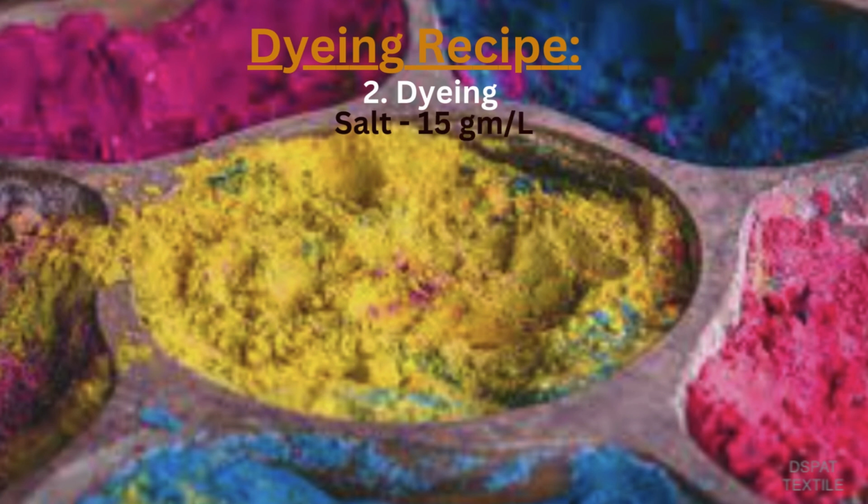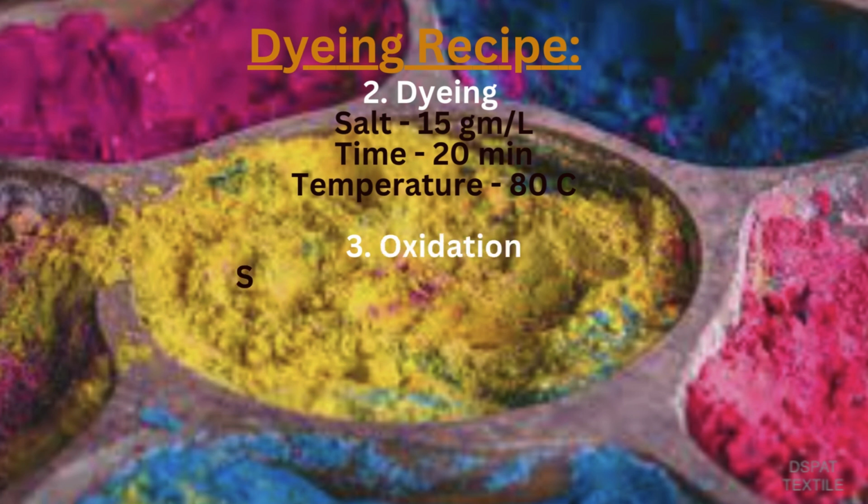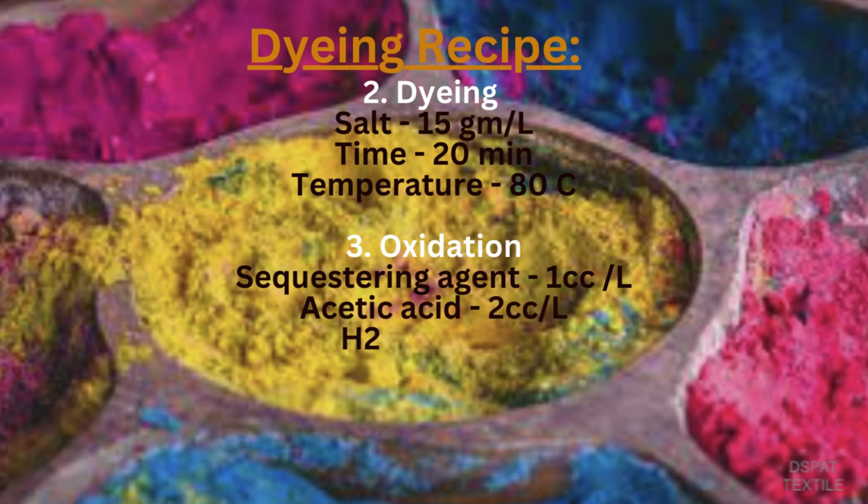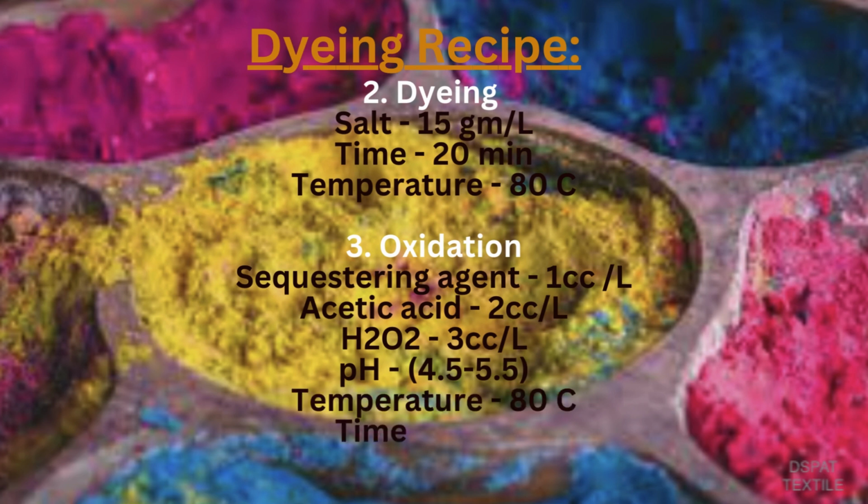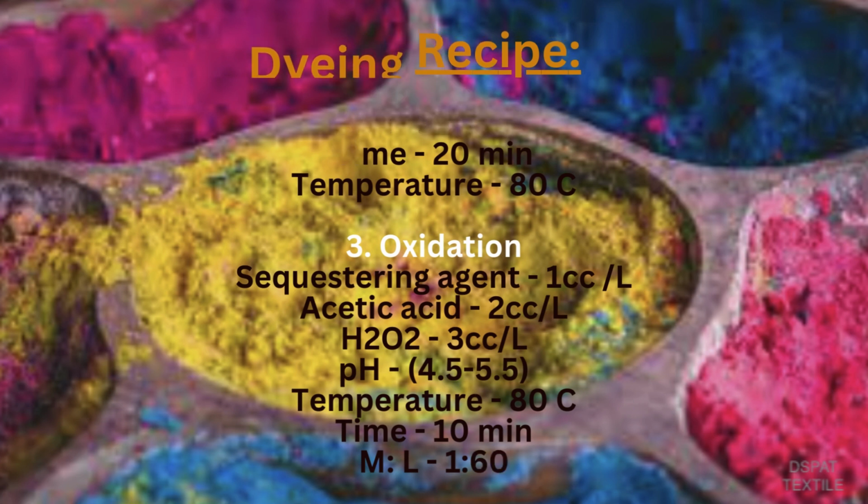Salt 15 gm/L, time 20 minutes, temperature 80 C. 3. Oxidation. Sequestering agent 1 cubic centimeter/L, acetic acid 2 cubic centimeters per liter, H2O2 3 cubic centimeters per liter, pH 4.5 to 5.5. Temperature 80 C, time 10 minutes, ml 1:60.